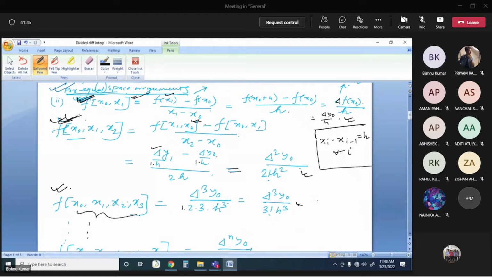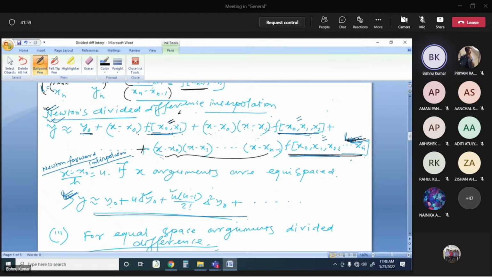Okay, you will get the below formula nicely. Since y equals y0, x minus x0, what is this? I told you this is del y0 by h, isn't it?